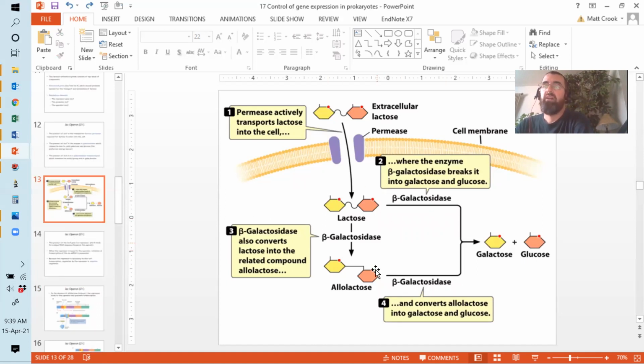Right, so beta-galactosidase, or lacZ, is what does the work of turning lactose, this disaccharide, into two monosaccharides. And this glucose is going to be important, right? We're going to come back to that. There's a degree of self-regulation going on here.